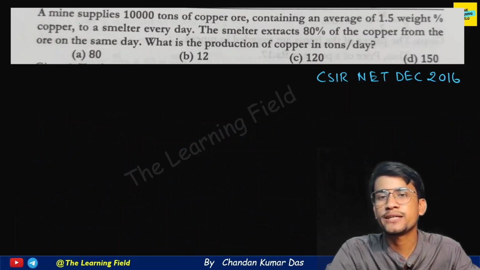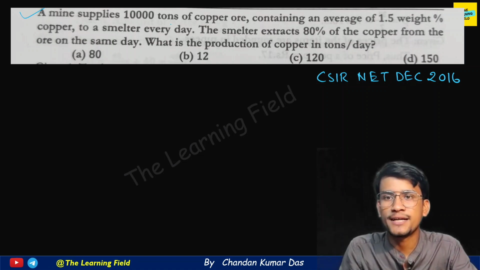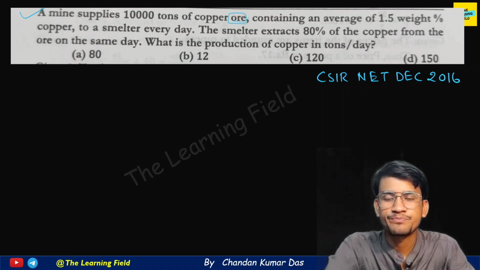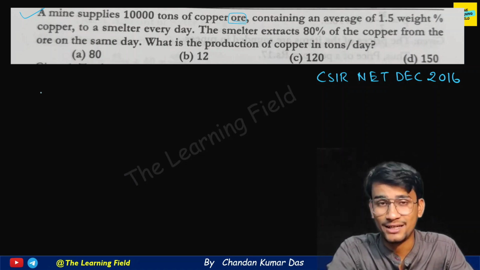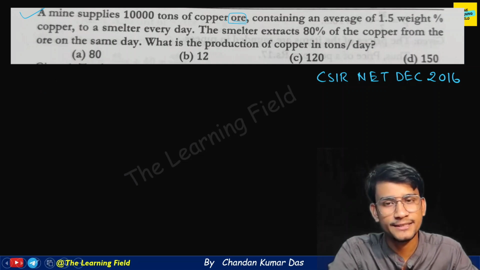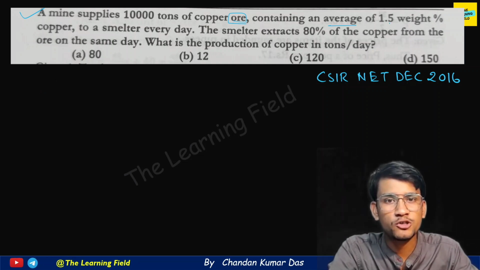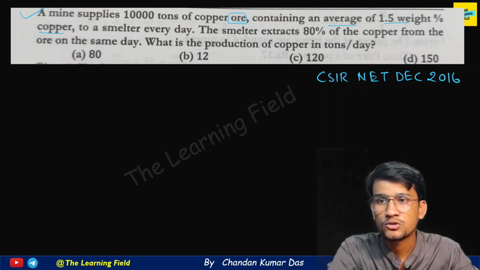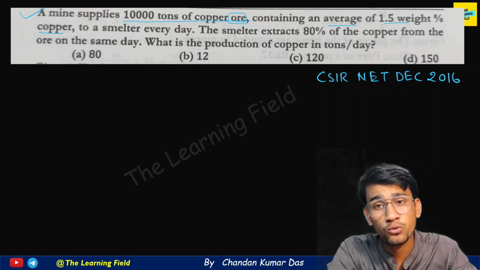Now going to the next one, it says that a mine supplies 10,000 tons of copper ore. Ore means a material or sediment, you can say, from where the metal is extracted, containing an average of 1.5 weight% of copper. So 1.5% copper from 10,000 tons of copper ore.